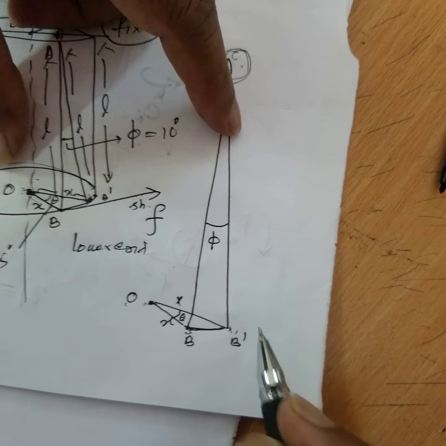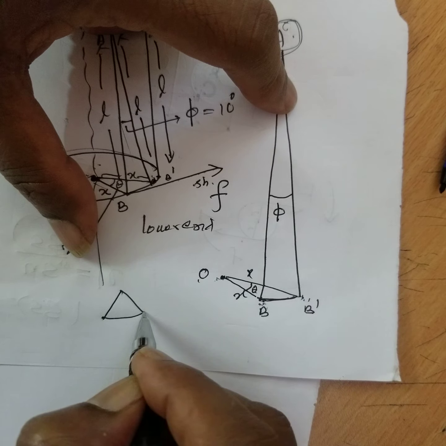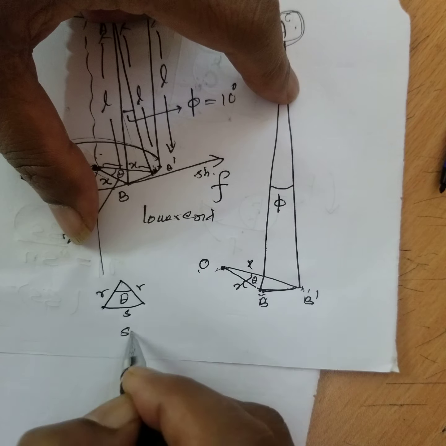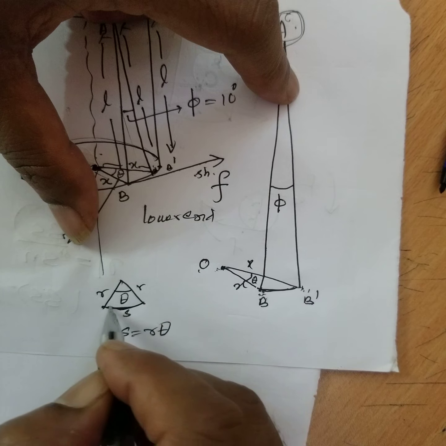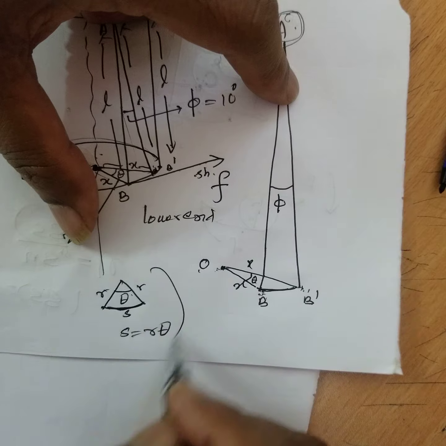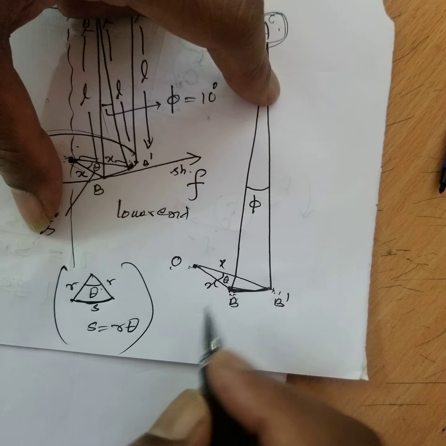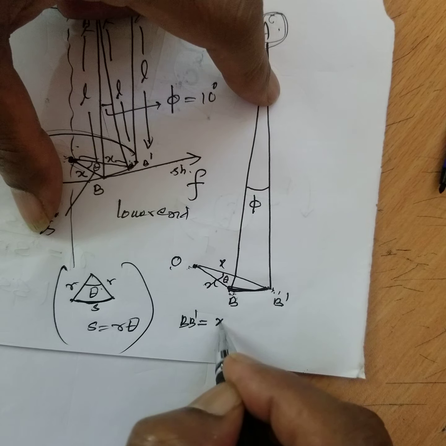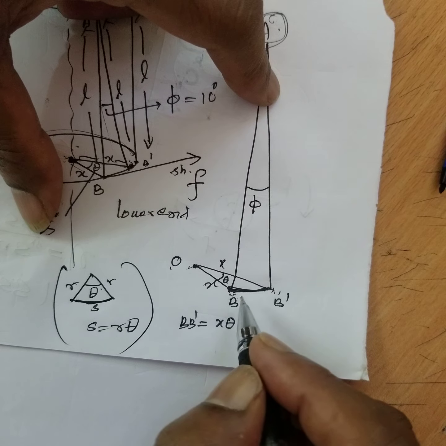B dash is common. There is a formula you have studied in first PUC: S is equal to R theta, where S is the arc length. In the same way, this is an arc length. What is B dash? B dash is equal to X theta.